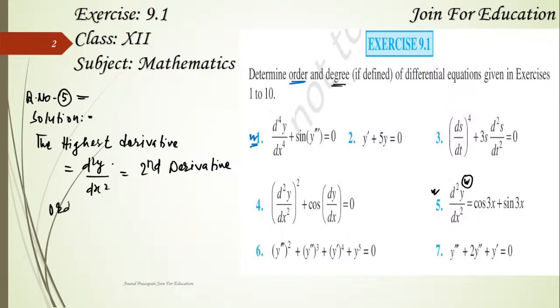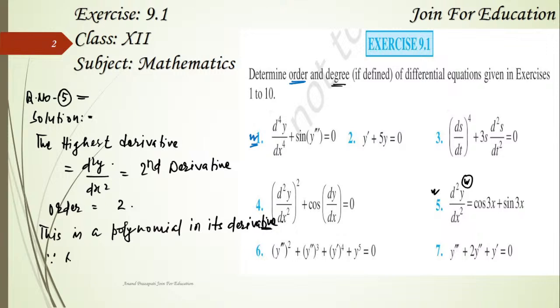Therefore, order will be 2. And this is a polynomial in its derivative. Therefore, this differential equation is defined for degree.